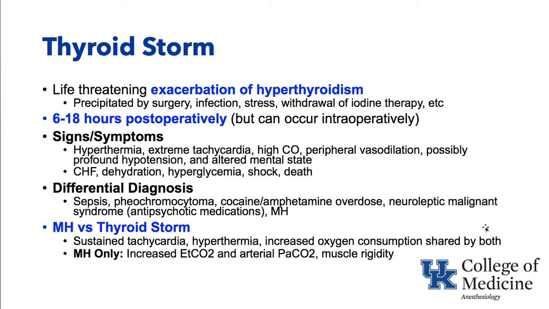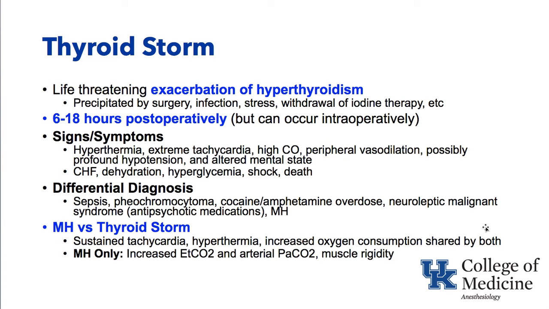But actually you can have thyroid storm occur during thyroid surgery itself, and it presents with the patient getting hot and tachycardic and a high cardiac output, diastolic hypotension. If they were awake, they'd have altered mental status. They can have heart failure and dehydration and hyperglycemia. Shock and death can ensue in patients with thyroid storm.